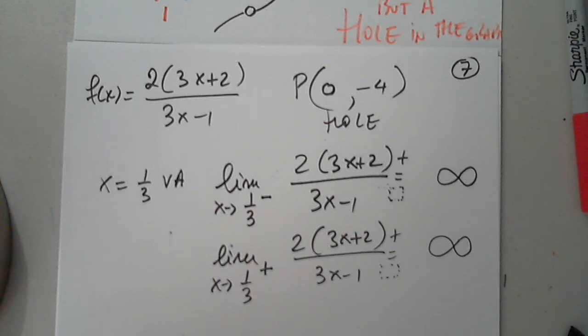Or you can say, I can't do this in my head. Okay, that's fine. If you can do it in your head, that's fine too. I'm just going to punch in 3x minus 1 just to find the sign.